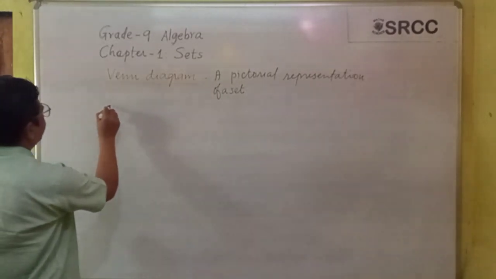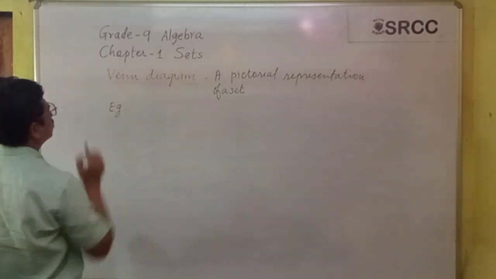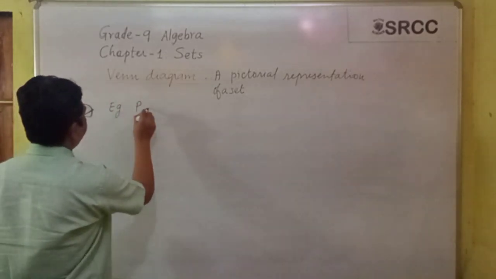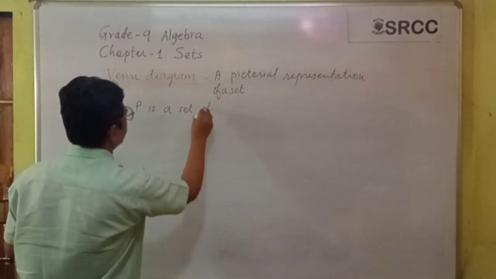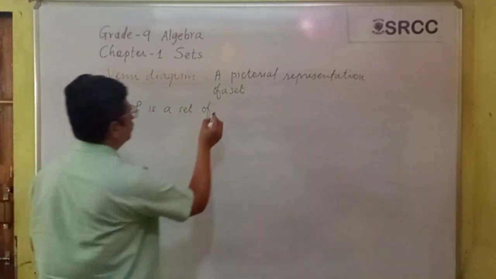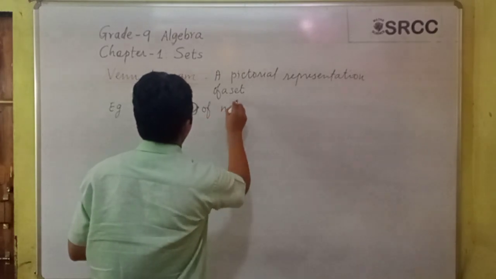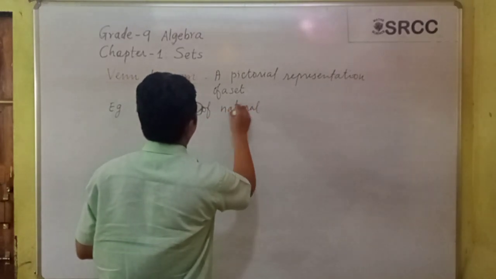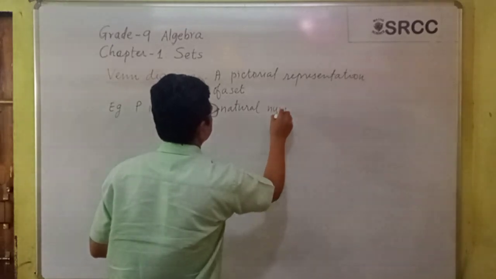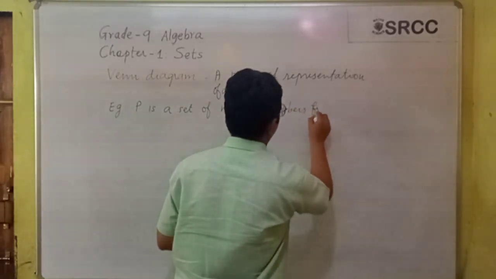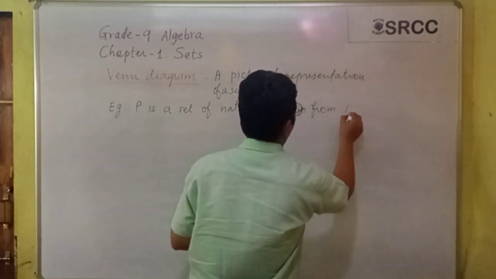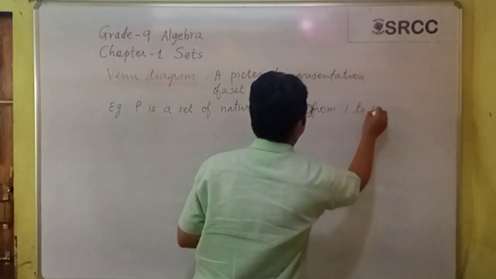P is a set of natural numbers from 1 to 10.